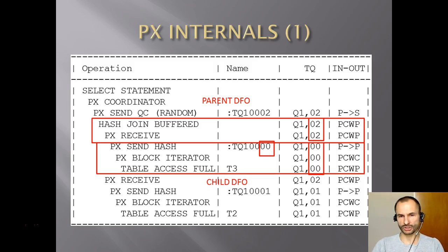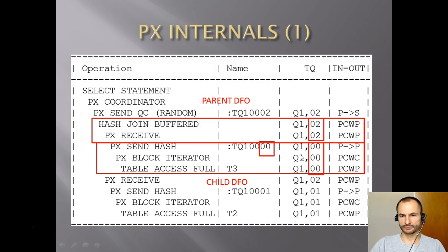So the basic functionality is the same as in the serial execution plan, but it is done in parallel. So multiple sessions are working, maintaining multiple of these in-memory hash tables. If it's not possible to keep them in memory, they will spill to disk. Of course, it's the same as with the serial execution.